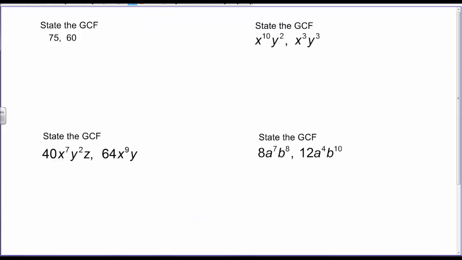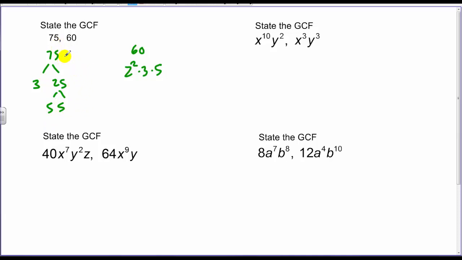So now what we're going to do is use some algebraic terms and state the GCF. We'll start out with a numerical example once again, and we just found out that 60 broke down into 2 squared times 3 times 5. Now let's deal with the 75. That's 3 times 25, and 25 breaks down into 5 and 5.